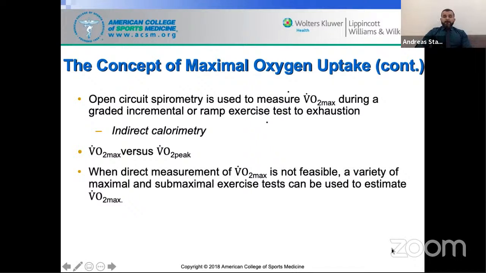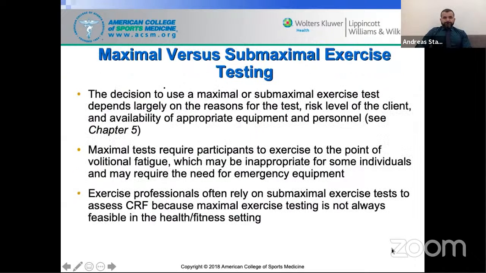If we cannot have a direct measurement of VO2 max, we can have maximal or submaximal exercise tests. Again, we should go for maximal if we could, if everything is safe. If not, we should go for submaximal and then use it to estimate VO2 max.